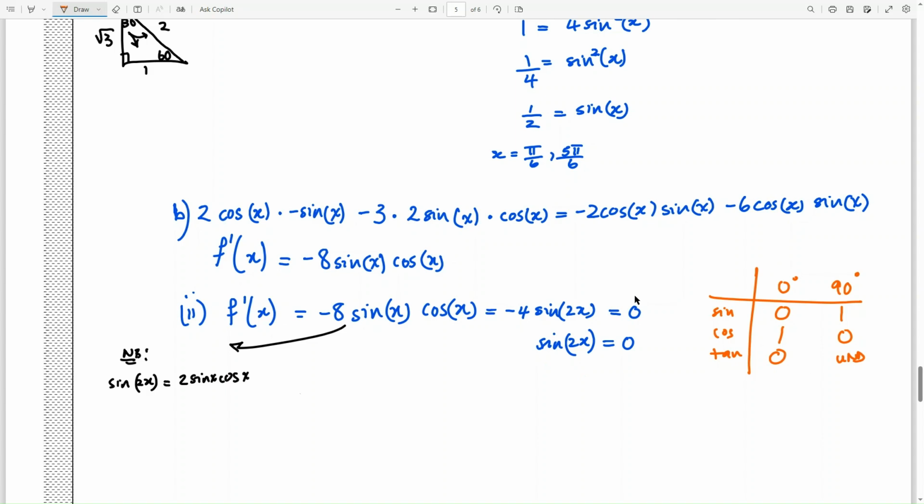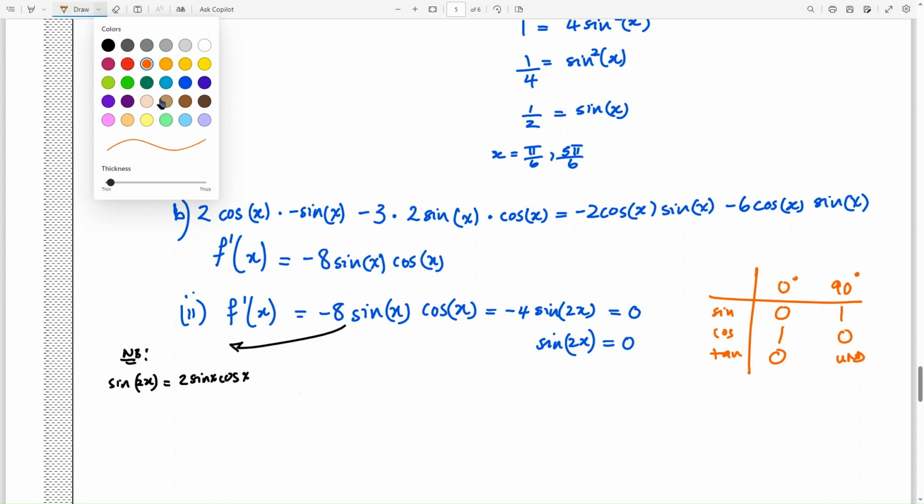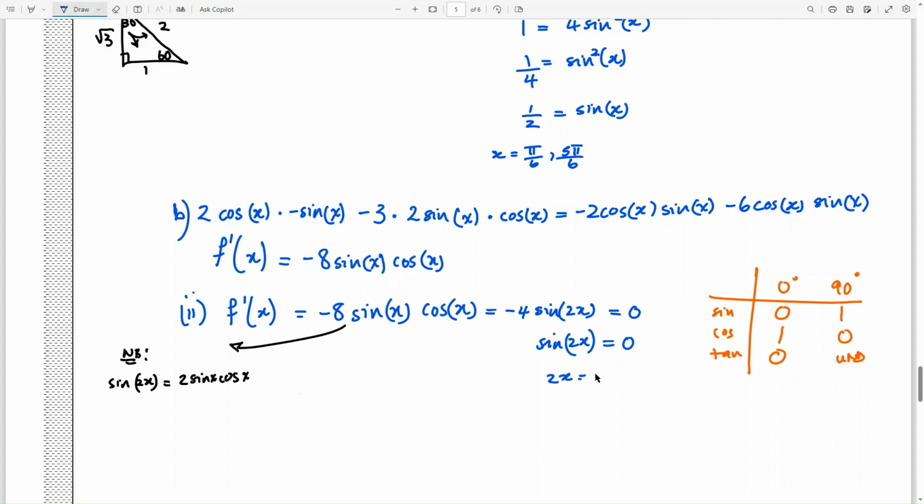Okay, so how can we get sine of something to give you 0? It's if 2x is equal to 0. Right. 2x can be equal to 0, and then that means x is equal to 0. Yay. There is another angle that does give you 0 when you're dealing with sine. I think it's also 2 pi.